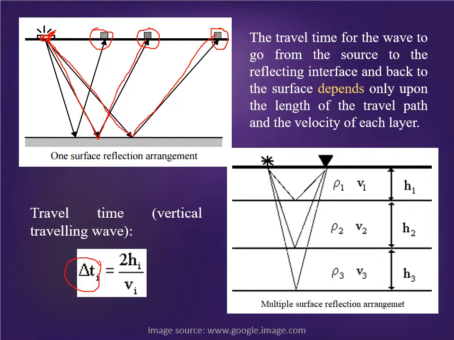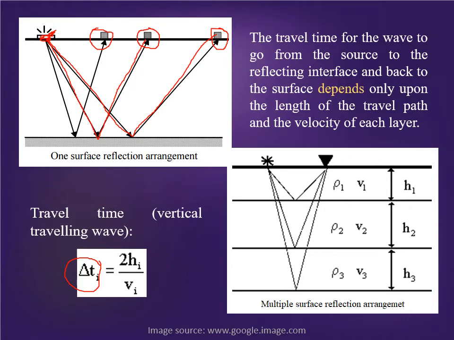Now, if there are multiple layers, then from the source, when we generate some waves, they will reflect from the first interface and go to the receptor. Similarly, they go to the second interface, then the receptor, then the third interface, and then reflect back to the receptor.